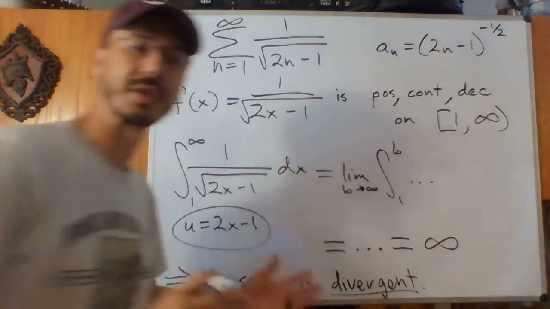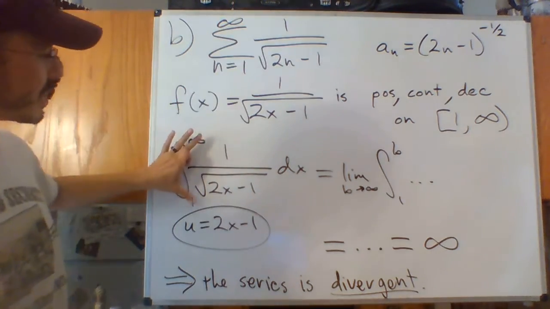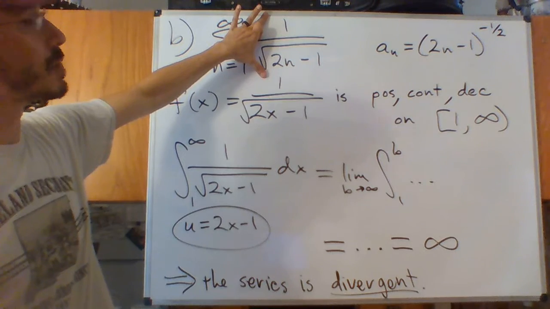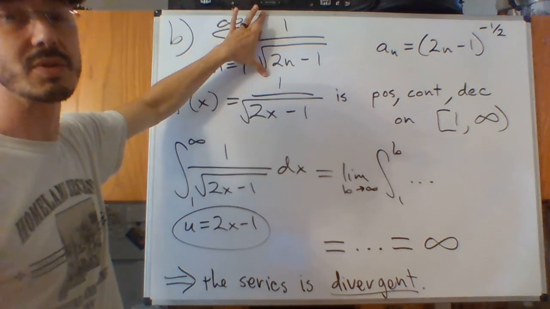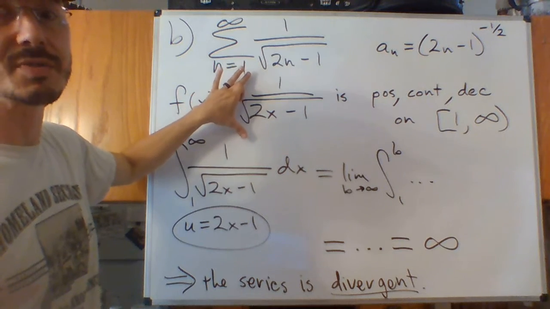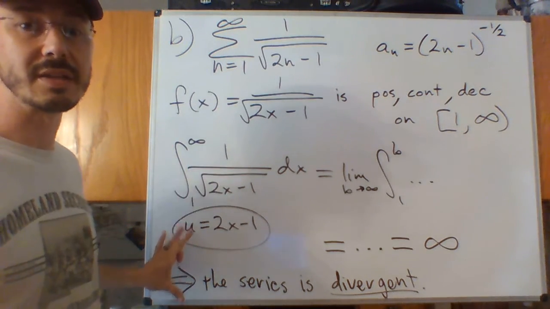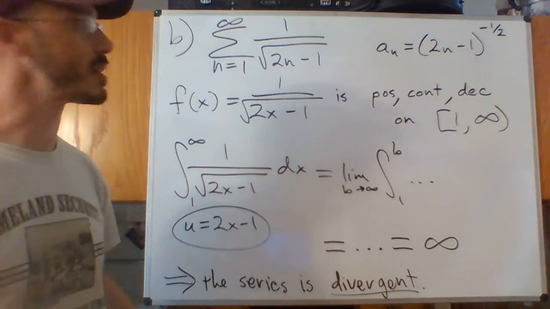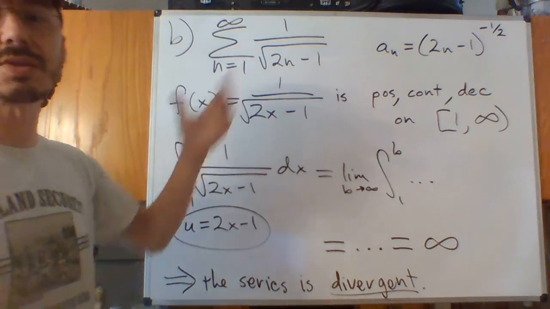Or the series diverges, again, by the integral test. So we built an integral from the form of the terms of the series. We want to write it as a continuous function rather than a discrete function. But then we evaluated that. It diverged. The integral test tells me that because it satisfies the conditions, the series also diverges.